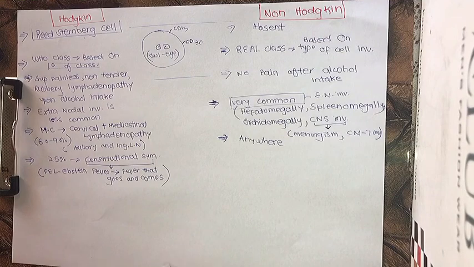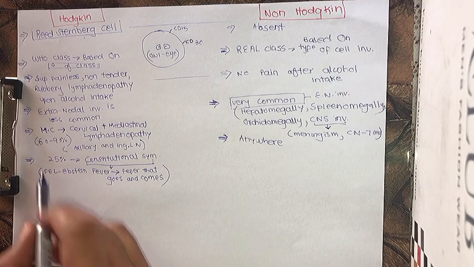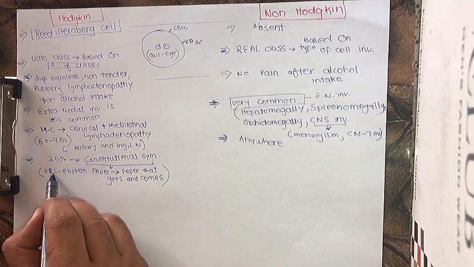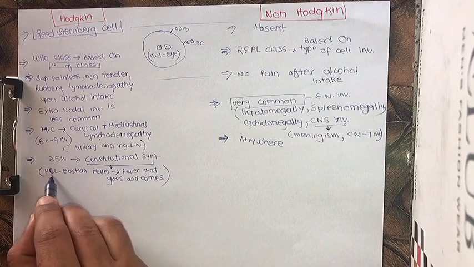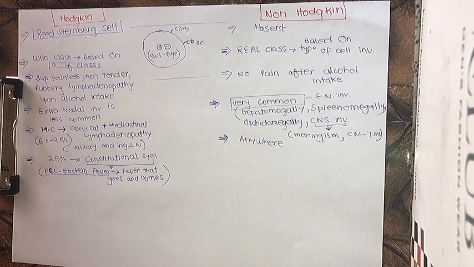The fever that goes and comes, like on and off fever, is one of the constitutional symptoms in 25% of the patients with Hodgkin's lymphoma, and this type of fever is called Pel-Ebstein fever.